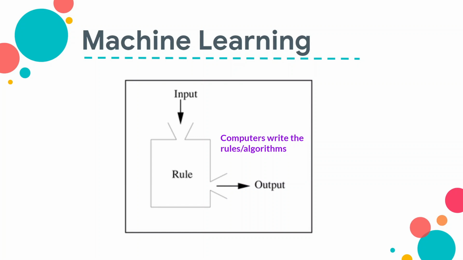An example of a machine learning program that we typically use in our everyday lives is a spam filter. If you check your emails, you'll see that some things go into your inbox and some things go into your spam folder, and that is done through machine learning. Machine learning is also used on social media.